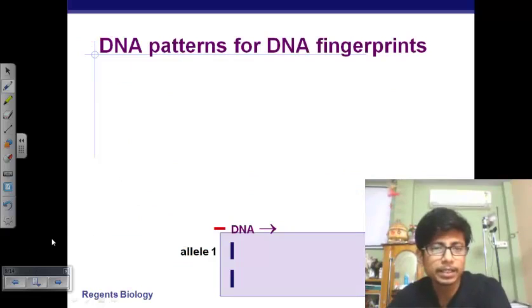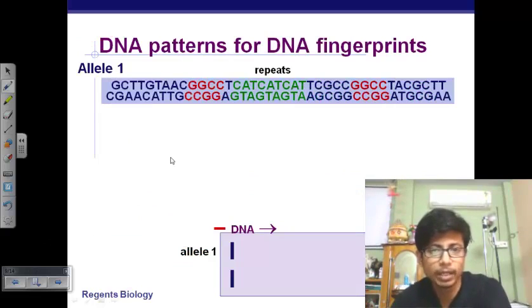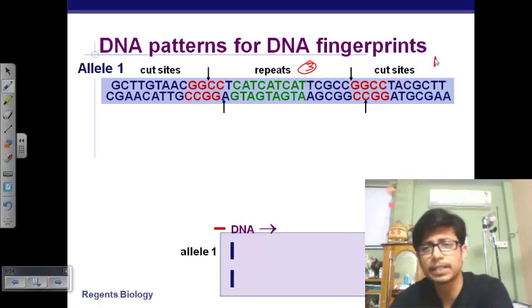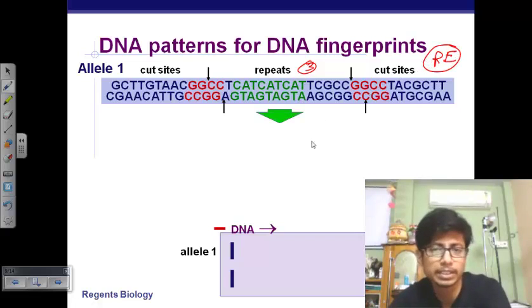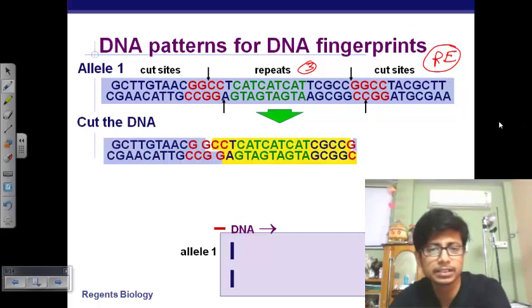Now, how can we tell that? Let's say this is allele 1. We have 3 CAT repeats out there. Now we break them down with endonucleases. We cut them using a particular type of restriction endonuclease, only one or two types, and it gives us different segments.